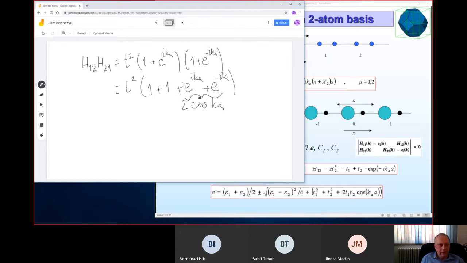So you see that the resulting product of two matrix elements, which must be evaluated when we want to evaluate the determinant, yields a real number, which is important because the energy must be real.